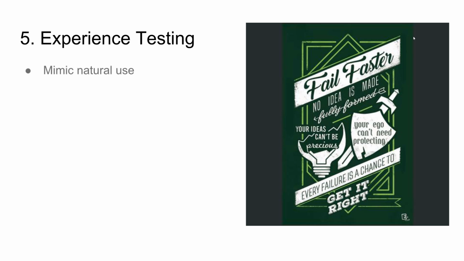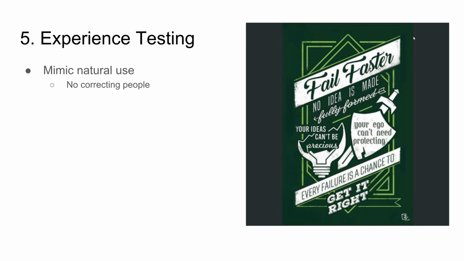So in order to make a good test, you want it to mimic natural use as much as possible. You want an authentic experience so that you can see where people get stuck. And one of the most challenging things about creating this authentic experience is to not correct people. It can be really hard to just let people make mistakes and struggle with how you put your experience together, especially when you know all of the ins and outs and exactly what they should be doing.